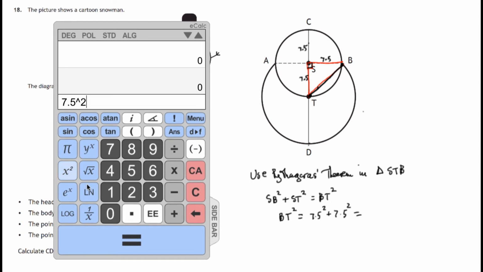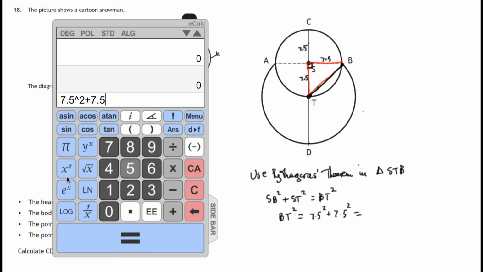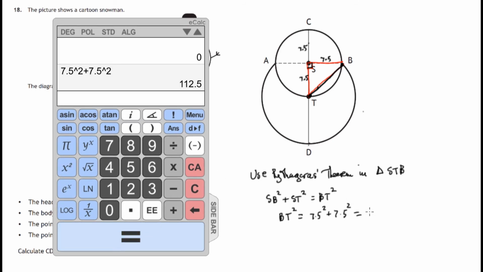7.5 squared plus 7.5 squared, and that gives us 112.5. So that means that the length BT is the square root of 112.5. Now we can easily work that out shortly.